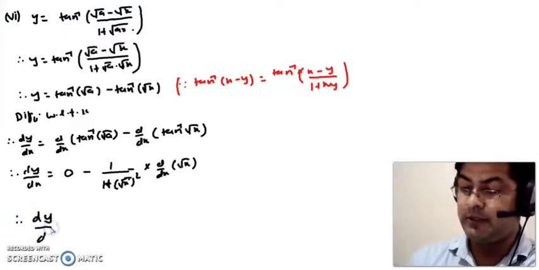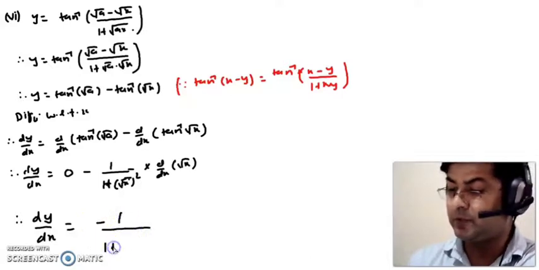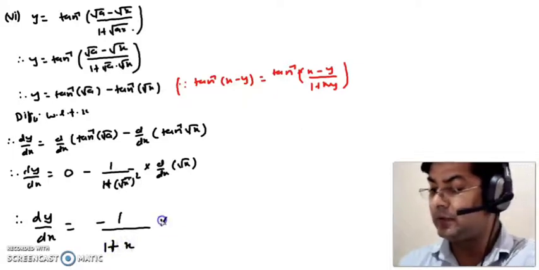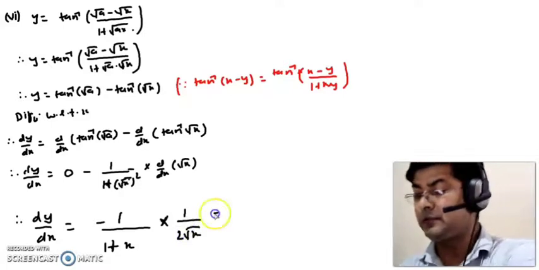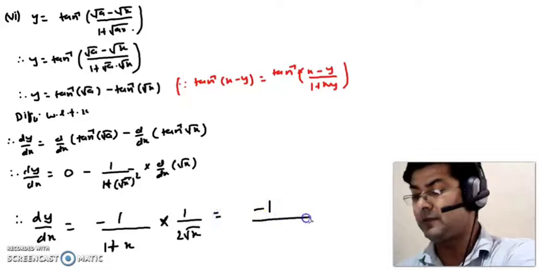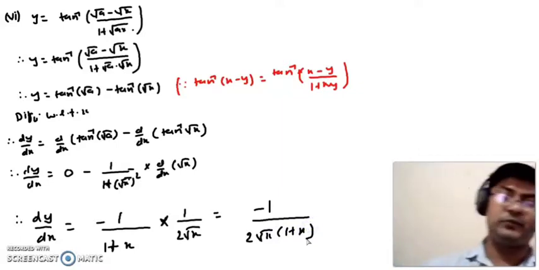Therefore dy by dx will be equal to minus 1 upon 1 plus, root x squared will be x, into the differentiation of root x, which is 1 upon 2 root x. Clear? So the final answer is minus 1 upon 2 root x into 1 plus x.